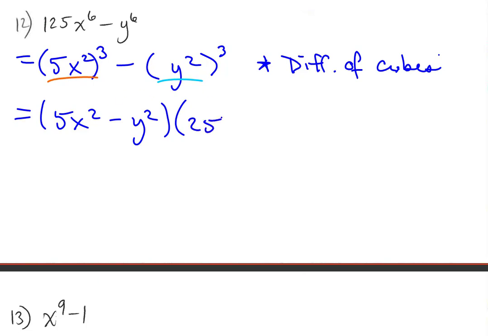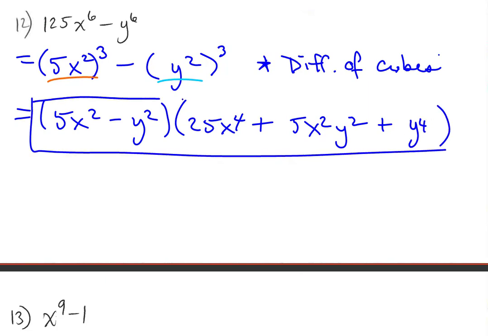That's really 25x to the fourth. You're going to end up squaring that a value as we saw in the previous example. So I'm just skipping that step here, but ultimately that's a squared, and then it's going to be plus ab. Well, that's 5x squared y squared. And then plus b squared, that's y squared squared, which is really y to the fourth. And so we could stop right there. So there's our difference of 2 cubes factoring.